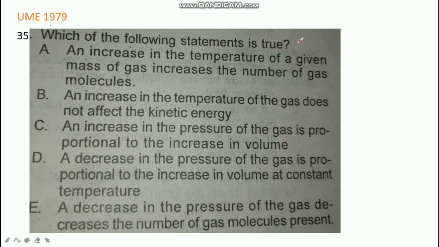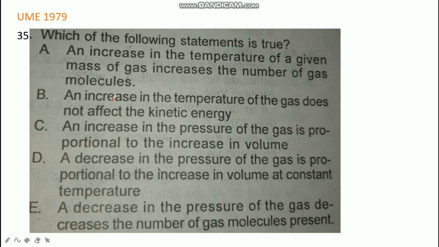Which of the following statements is true? An increase in the temperature of a given mass of gas increases the number of gas molecules. Of course, no, that is wrong.